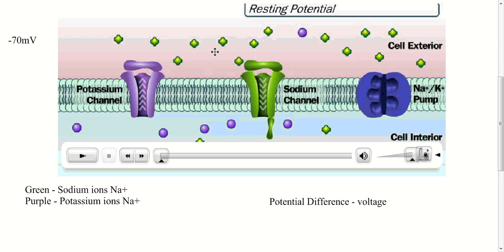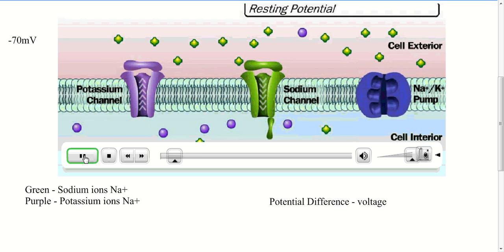Now, in order to achieve this state where we have a more positive area on the outside, we use this guy on the right hand side, the sodium-potassium pump. I'm just going to start the animation, and you'll see what happens with this pump working. It pumps out 3 sodiums for every 2 potassiums that move in. I'll wind that back so you can see it again. So 3 sodiums move out and 2 potassiums move in.